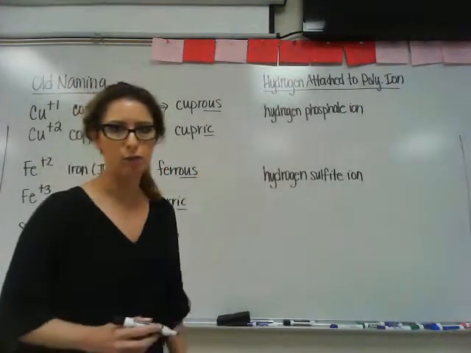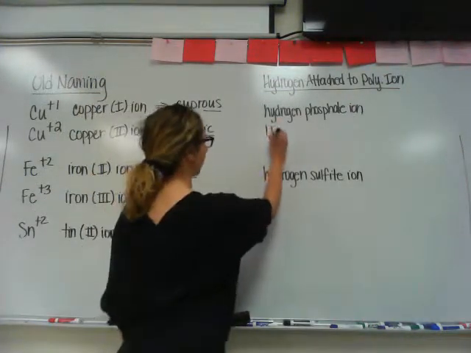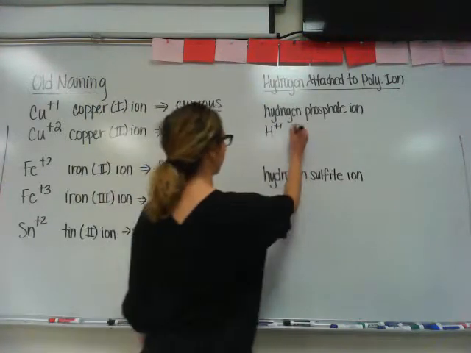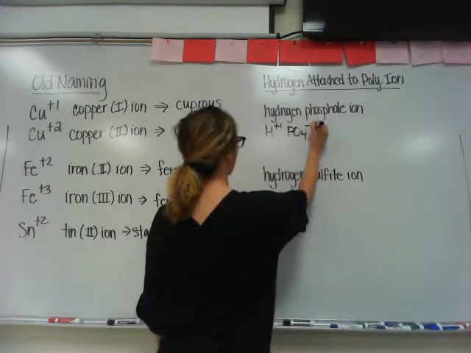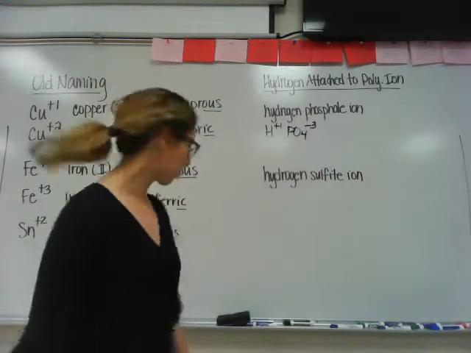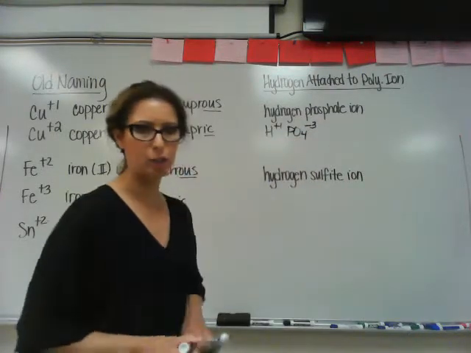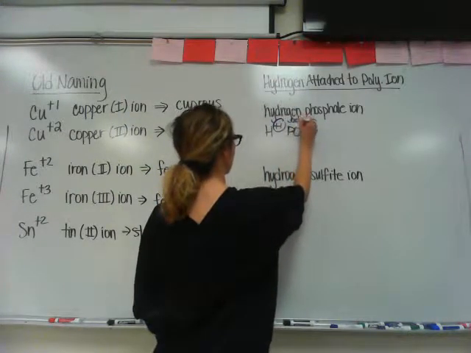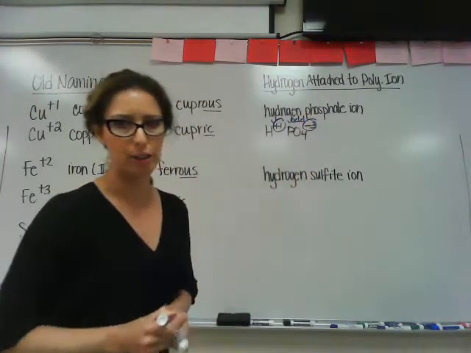If you have the hydrogen phosphate ion, that means you have a hydrogen ion, which is H+1, and then the phosphate ion is PO4 -3. So what you want to do is take the charges, the +1 and the -3, and add those charges together, okay?